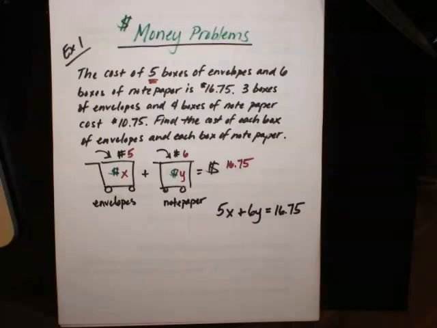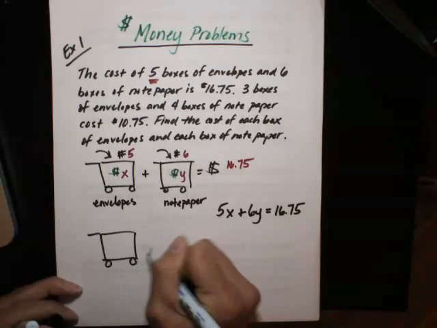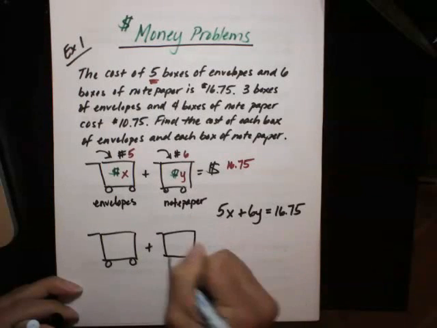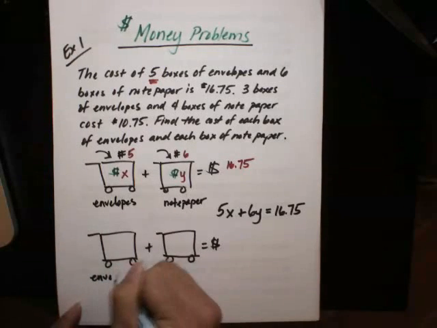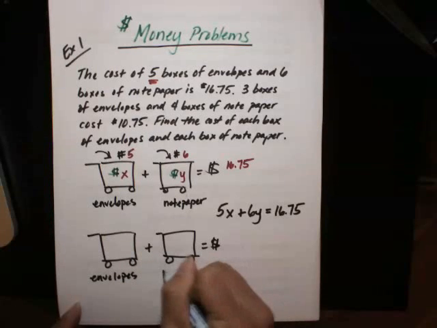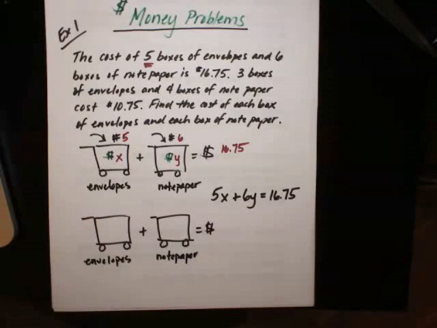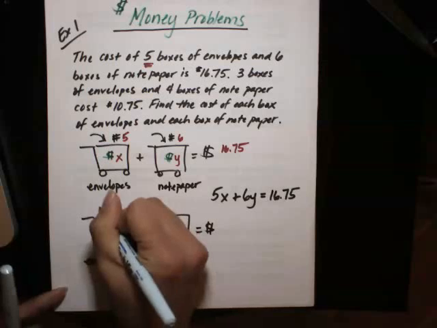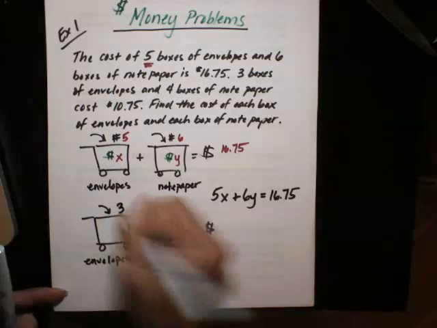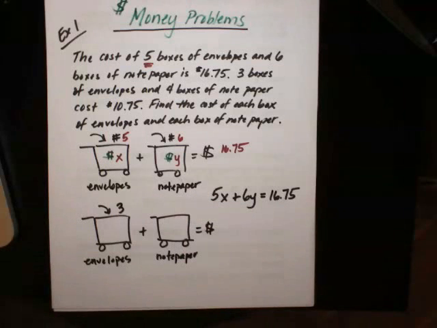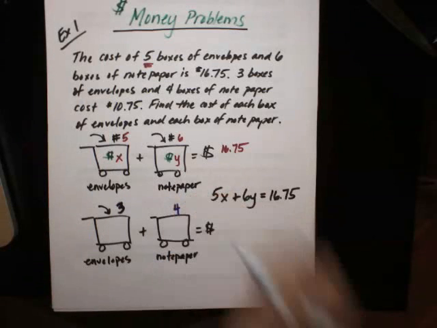So once again, I'm going to have another shopping cart. I know that I'm going to have a shopping cart of envelopes and a shopping cart of notepaper. And in my shopping cart, I'm going to have in this sentence 3 boxes, and I'll make this in blue. 3 boxes of envelopes and 4 boxes of notepaper.